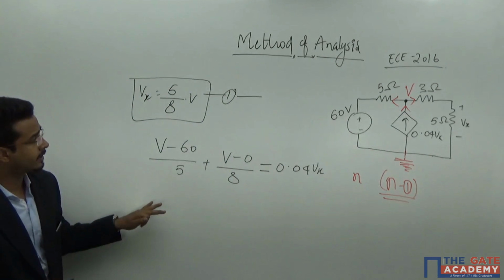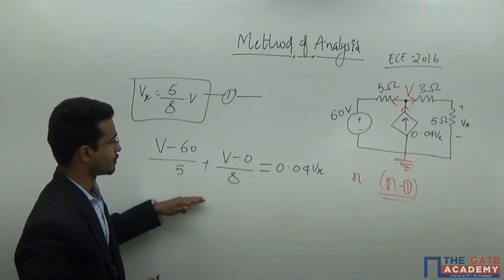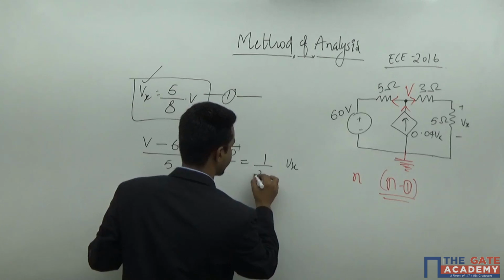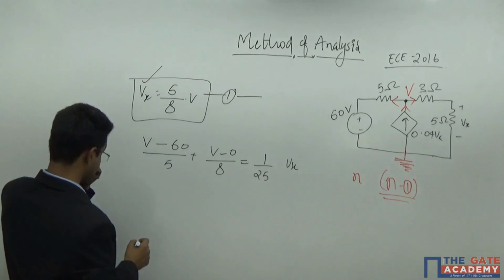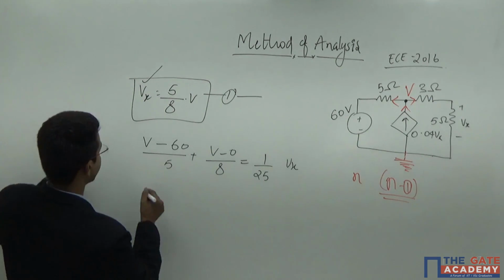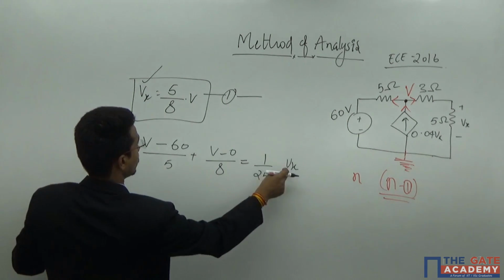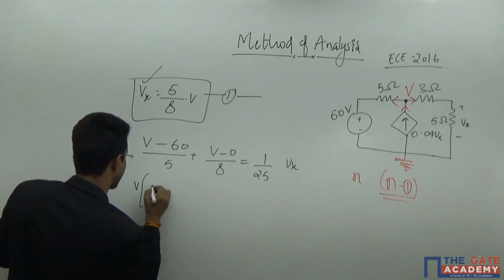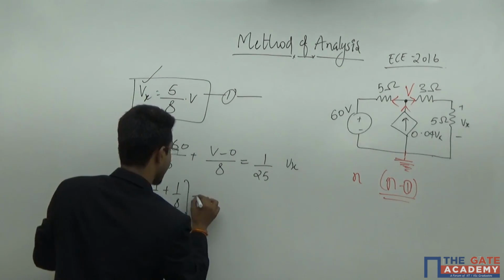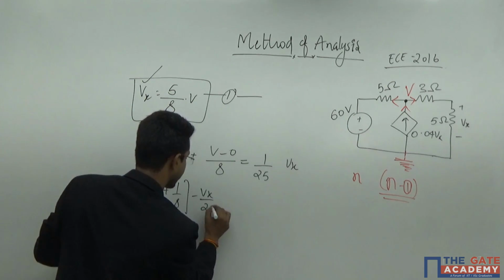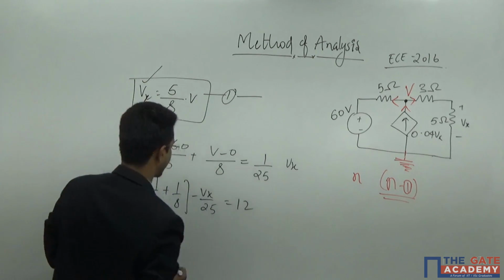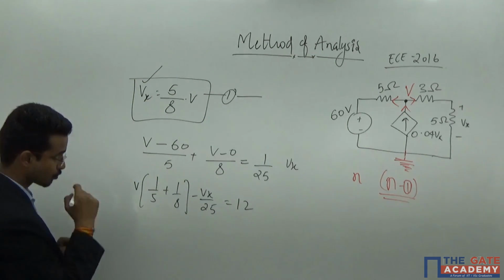And this is my entire equation. 0.04 is equal to 1 upon 25. Now if I want to convert this, I can write it like this: 1 upon 5 plus 1 upon 8 times V minus Vx by 25. I am putting all the constants on the right side and it will become 12, because 60 by 5 is equal to 12.